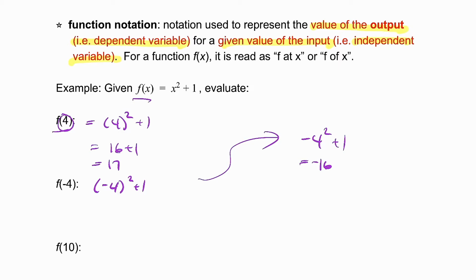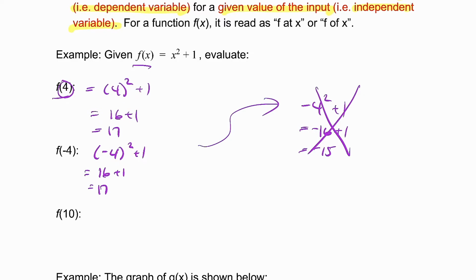Remember, the exponent only applies to what's to the left of it, plus 1, which would be minus 15, but that is incorrect because we know that (-4) squared is 16 plus 1, and then it's 17. In other words, f(4) is the same as f(-4). And in our understanding of quadratics, that makes sense.